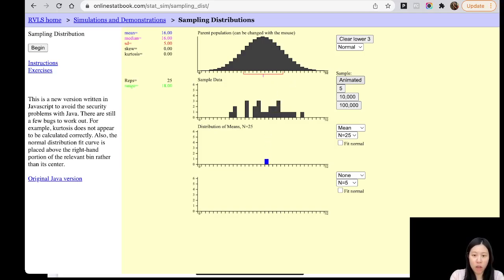The second graph shows how many credit hours each student is taking. And the third graph, the blue point, is the mean of our random sample, which is the mean credit hours of these 25 surveyed students.